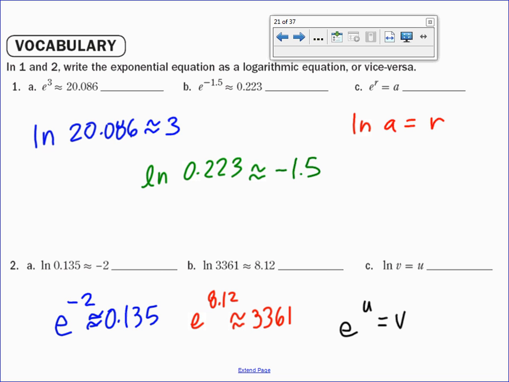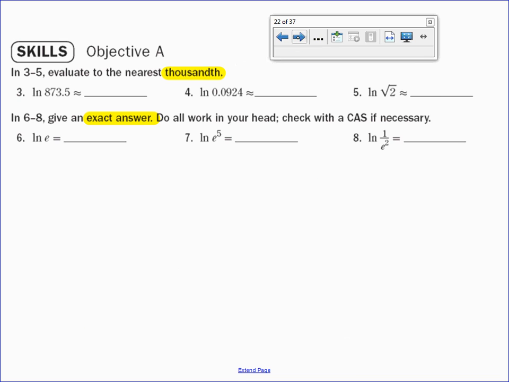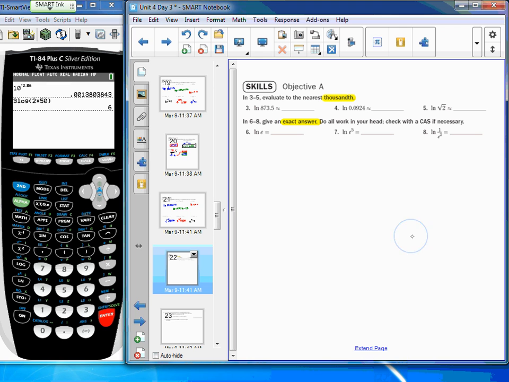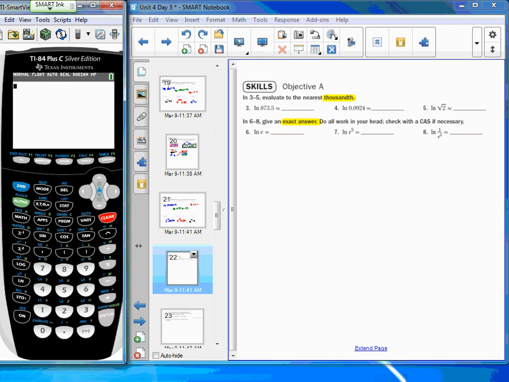Some solving and then we'll be close. So on our calculator we can evaluate to the nearest thousandth easily just by using our buttons. But for numbers 6, 7, and 8, we would need to do that exactly using our knowledge of powers and exponents. And so for the first ones, it's as easy as evaluating the natural log of 873.5.